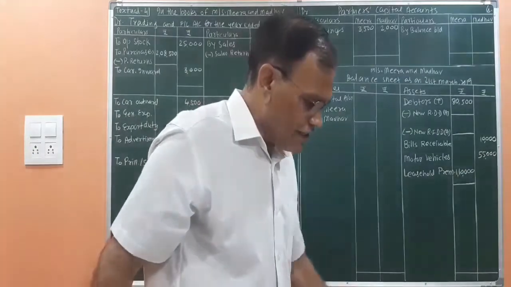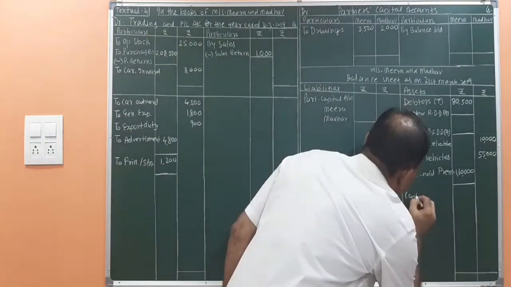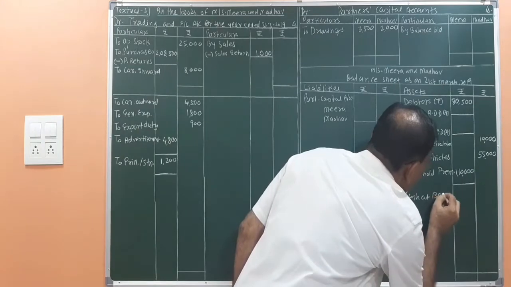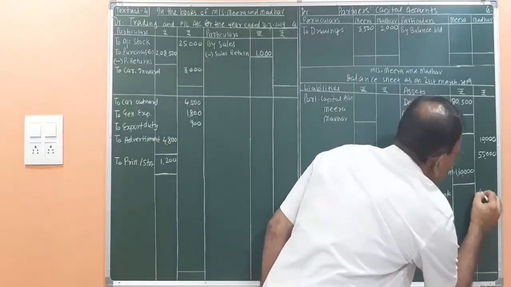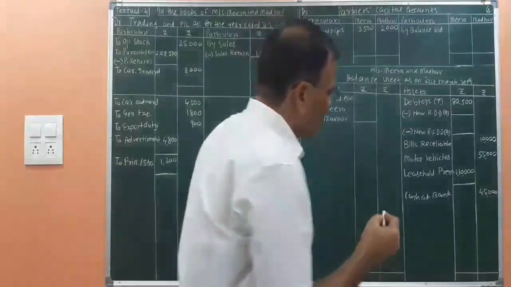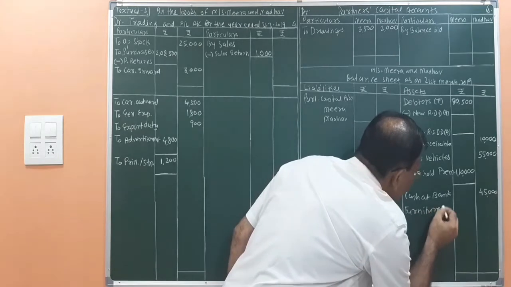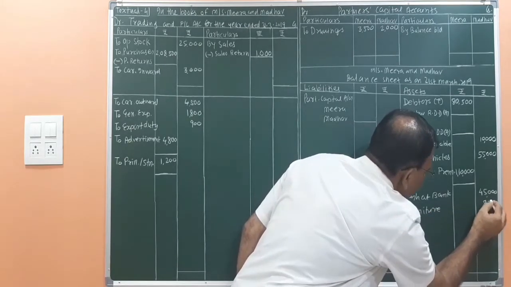Then we are having cash at bank 45,000 and furniture 8,300.